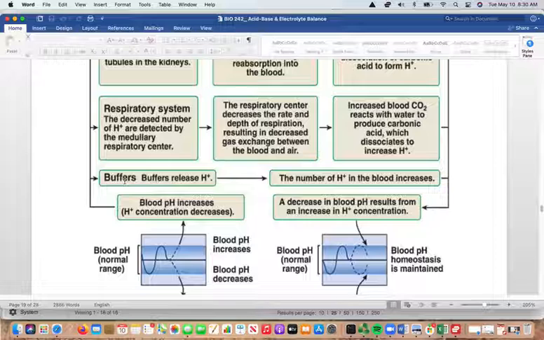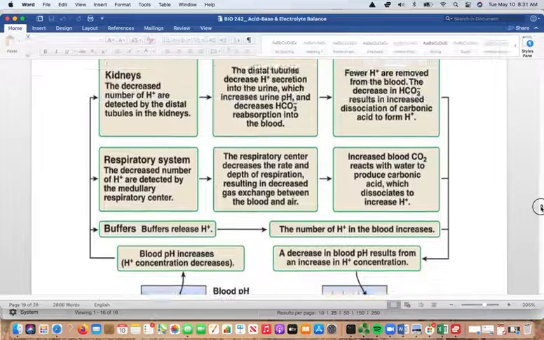So the buffers can release hydrogen ion to bring it back into the bloodstream. The respiratory system can decrease the number of hydrogen ions that are detected by the medullary respiratory center. That will decrease the rate and depth of respiration, and that will decrease the gas exchange between the blood and the air, and you'll have increased blood carbon dioxide to react with the water to produce the carbonic acid, which will give you the hydrogen ion.